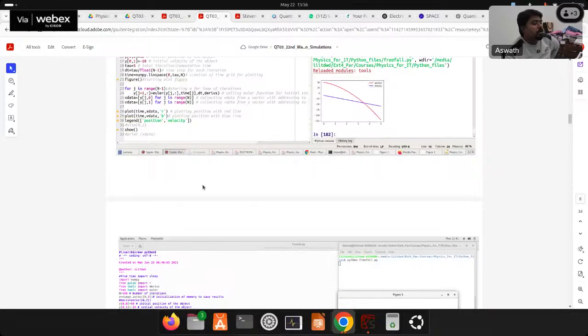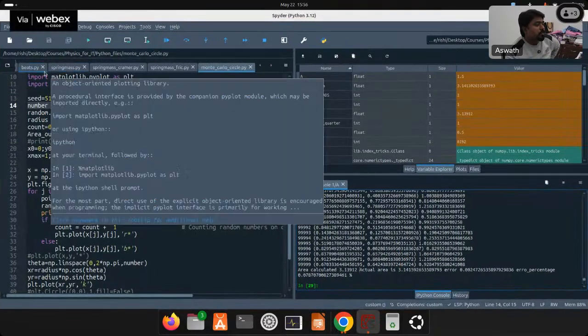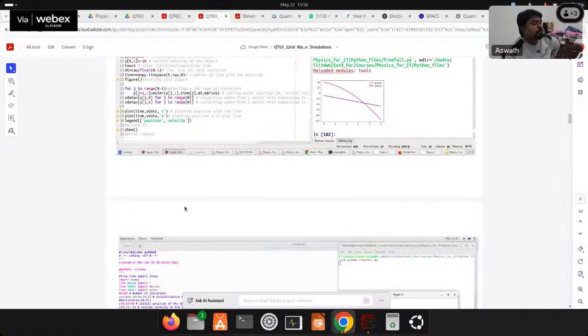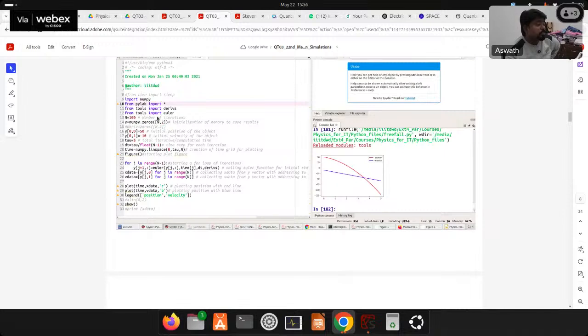I will add the Python codes I was showing: spring mass, spring mass friction, and Monte Carlo integration. All four codes I will add, and also the tools file, which is very much required because it has all the functions.